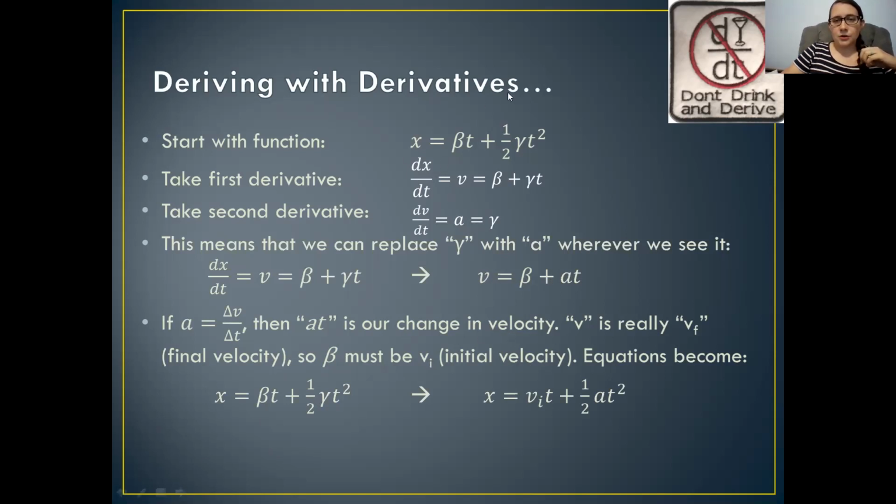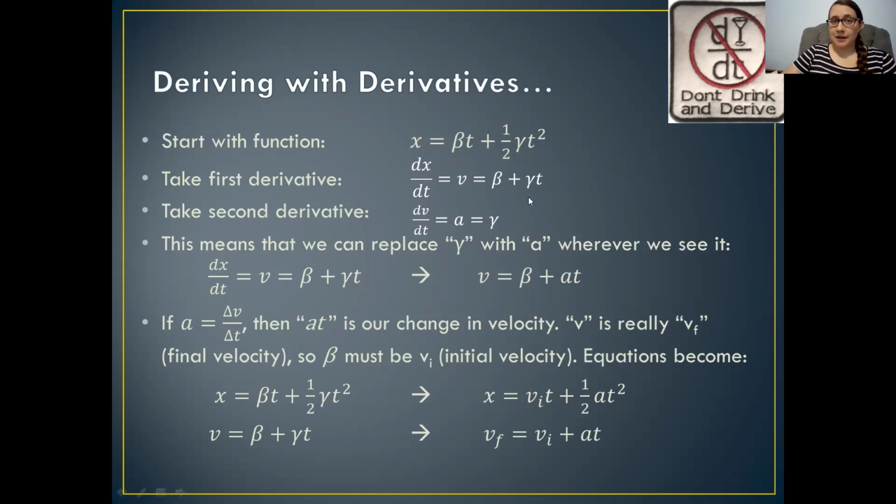And so our new equation for the position, plugging in those variables that we just found, taking the derivatives: position equals initial velocity times time plus 1/2 acceleration times time squared. And that can also apply to our other equation for velocity, right?